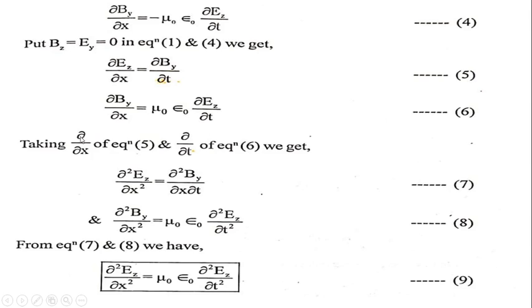Now taking del by del x of equation 5 and del by del t of equation 6, we get, taking equation 5, del by del x of del Ez by del x, that is del square Ez by del x square equal to minus del square By by del x del t, and del square By by del x del t equal to minus mu 0 epsilon 0 into del square Ez by del t square. So from equations 7 and 8 we have del square Ez by del x square equal to mu 0 epsilon 0 del square Ez by del t square.